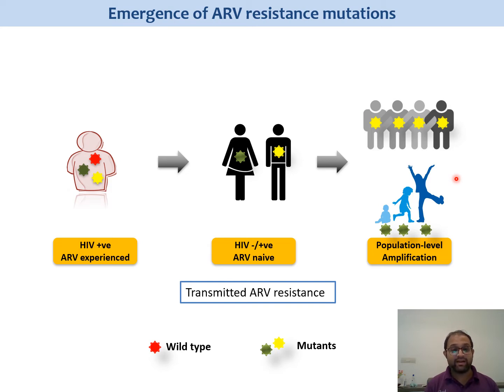They might have been selected during transmission, or they might have evolved while the patient was on the ART inhibitors. In any of the cases, certain of these mutations are getting selected within our Pakistani individuals, and they have become amplified at a population level. So when we sequence many patients from different parts of the country, these mutations are frequently observed.